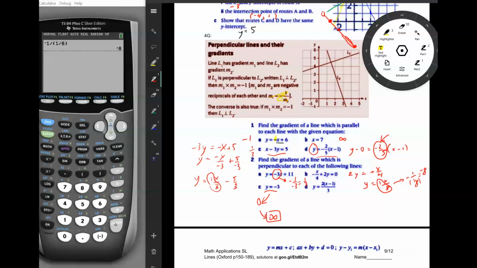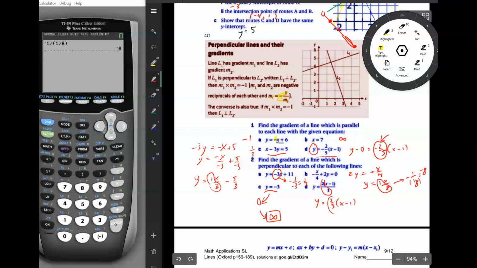All right, and last of all, D. So now we have y equals 2 times x minus 1 divided by 3. If we rearrange this a little bit, we can see that this is actually in point gradient form. Y equals 2/3 x minus 1, right? So why isn't there something being subtracted from y? There is. It's 0. So y minus 0 equals 2/3 times x minus 1.